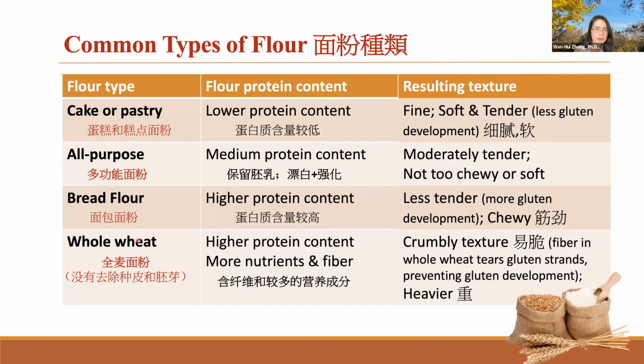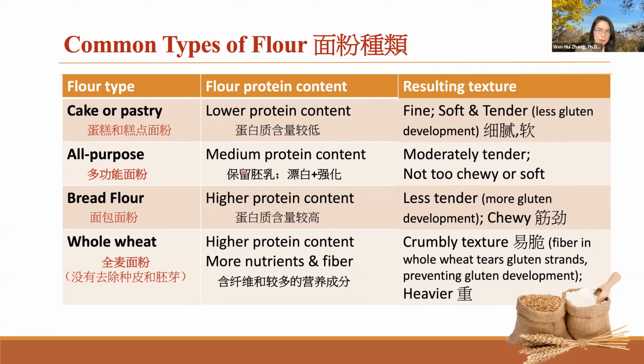There are different types of flour. Commonly, we have 4 types. The cake or pastry flour has lower protein content. The protein in wheat is mostly gluten, so cake and pastry flour has lower gluten content.